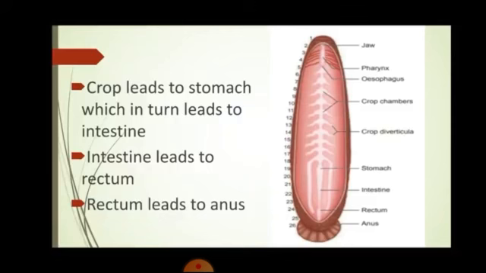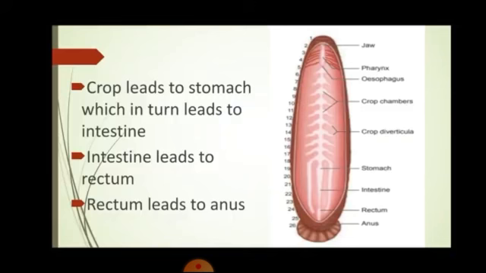That leads to the next opening, the pharynx, which leads to another small opening, the esophagus. The esophagus leads into the crop, which contains many diverticula or ceca, and that leads into the stomach. The stomach leads into the intestine, the intestine leads into the rectum, and at last the rectum leads into the anus.